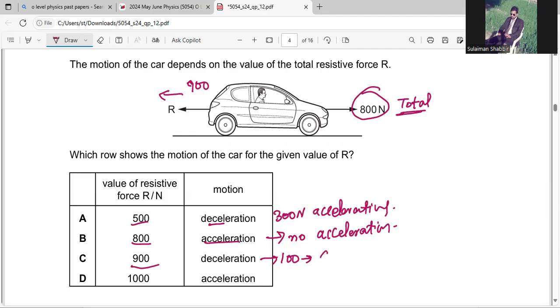So deceleration is going to happen because of this 100 newton force. So this is the right answer. With 1000, accelerating, no. 1000 would leave 200 newtons on this side, and it should also be decelerating. So this is also not the right option for this question.